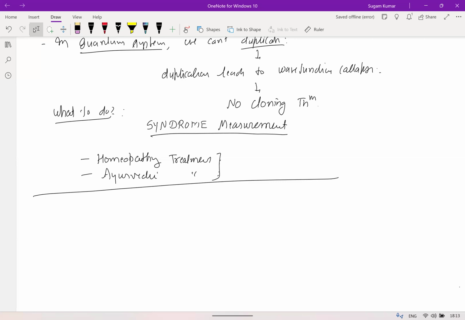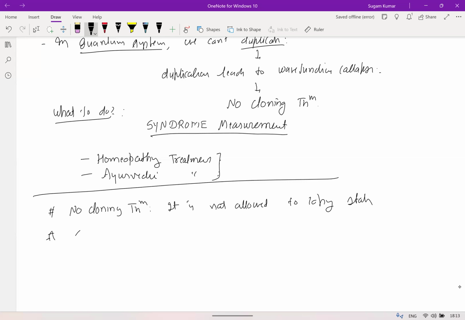Two things you must keep in mind. The first is the no cloning theorem: it is not allowed to copy a state.